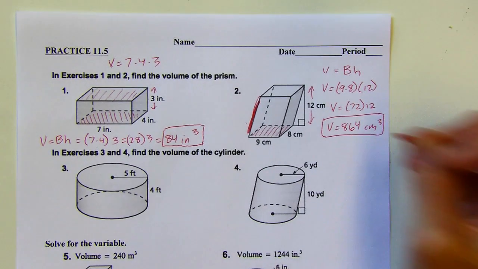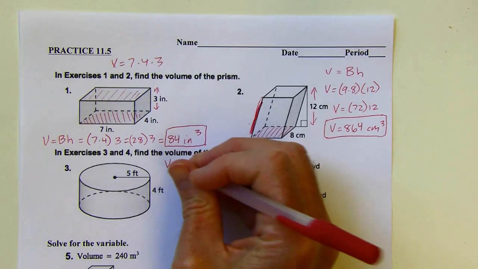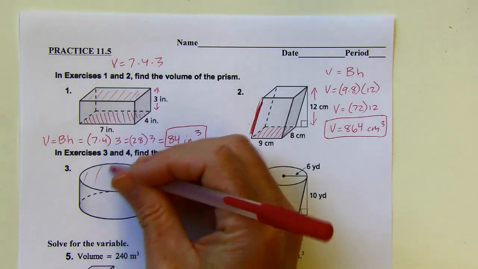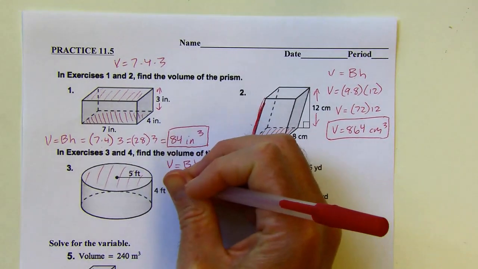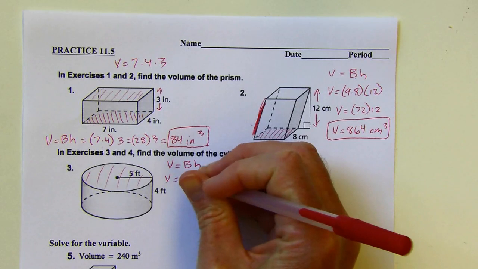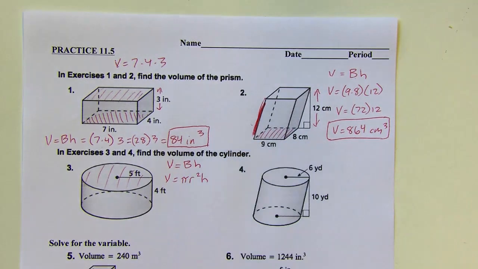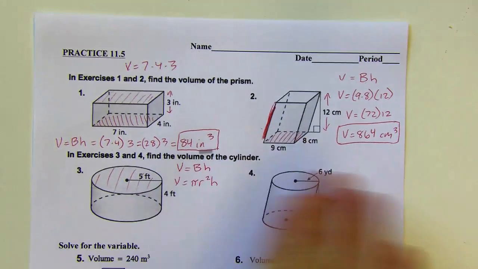Okay? And we can extend that formula right here. You just got to think, well, how would I get the base? The base here is going to be a circle. So you need to know the area formula for a circle, which is pi r squared. So the book has this different formula for the volume of a prism, but it's just the same thing.